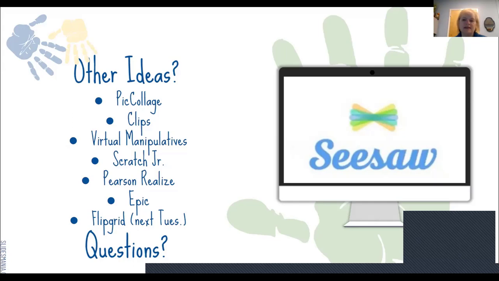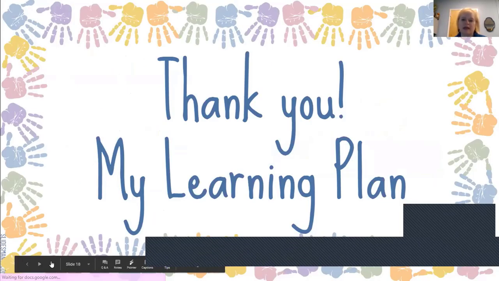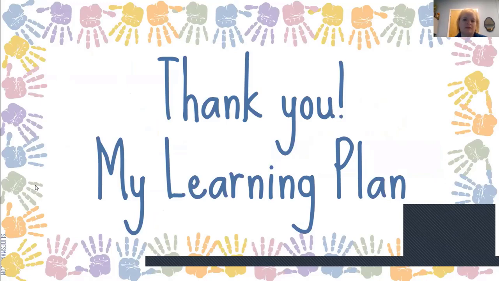Flipgrid is a fantastic tool to get students creating a video and sharing their thinking, sharing their ideas, and sharing their voice. Next Tuesday at the same time, 3:30, we will have a session on Flipgrid specifically used with young students, specifically focused on K-2, but it will also be helpful for 3 through 5.